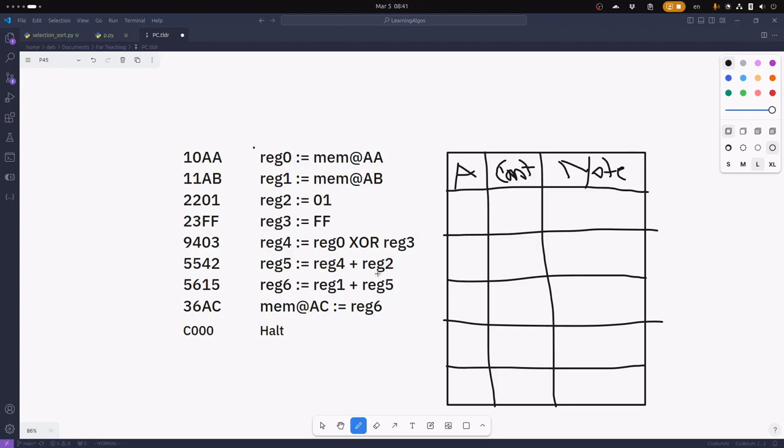As a result, in register 5 we now have the negative value of register 0. And since register 0 holds the value of memory address A, we just changed the value of memory address A from a positive to a negative number.